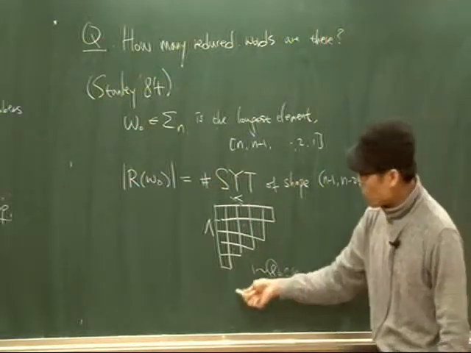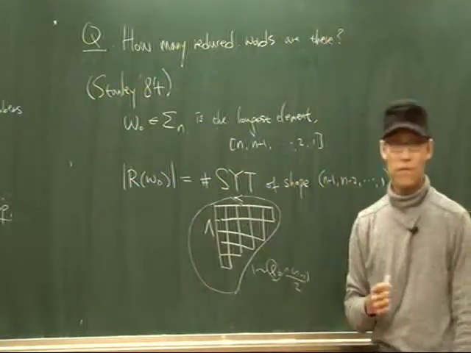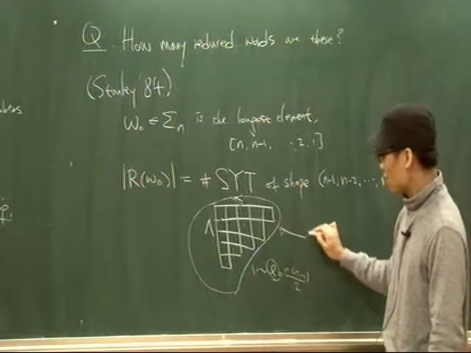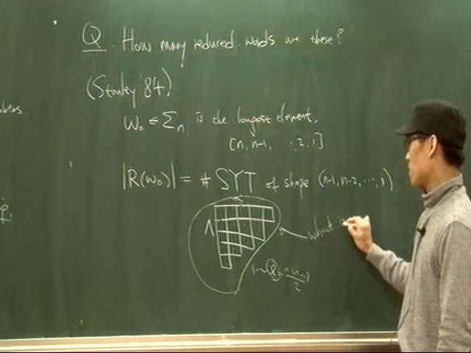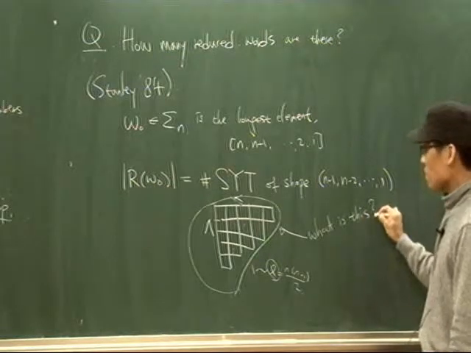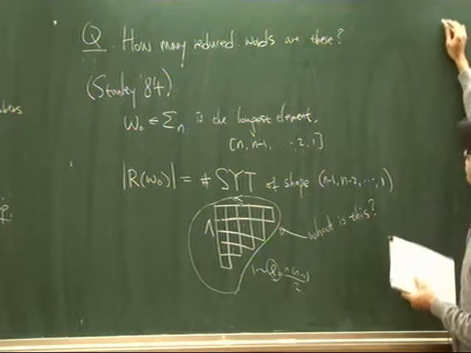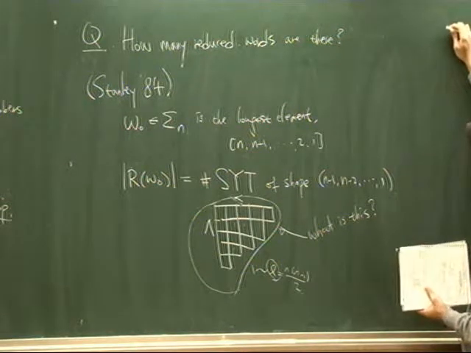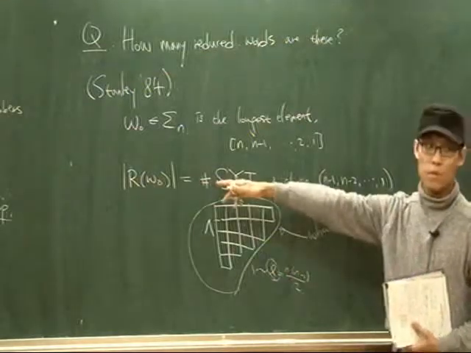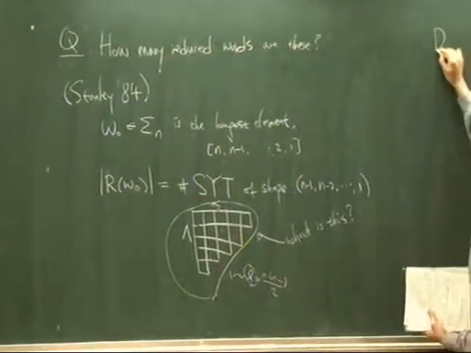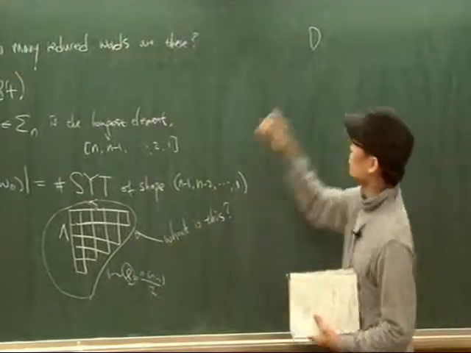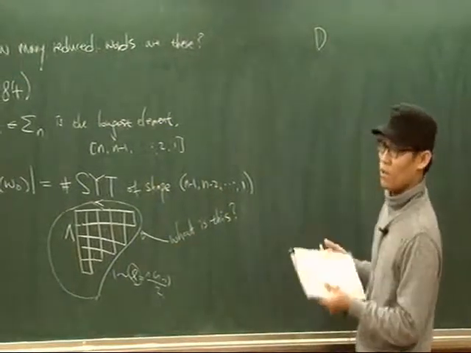Here we can ask where this diagram comes from. This is for the longest element w0, but to generalize this diagram, we define the diagram of a permutation.